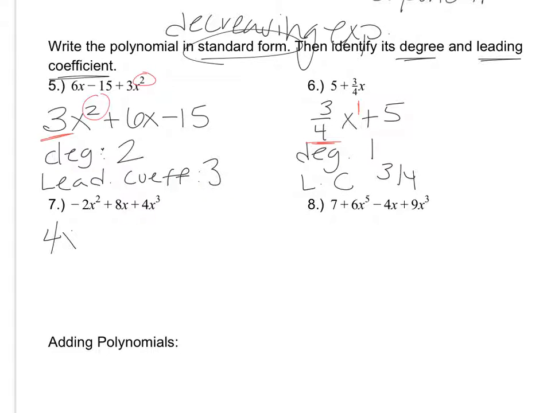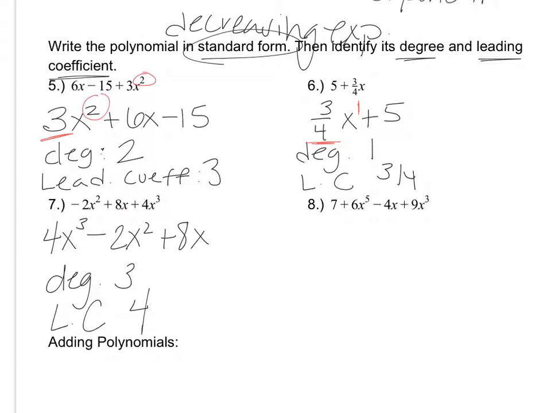Okay, number 7, we have 4x to the third. Oh, that needs to be a minus 2x squared plus 8x. This one has a degree of 3 and a leading coefficient of 4. And then finally on number 8, my biggest exponent is a 5, so I'm going to start with 6x to the 5th.